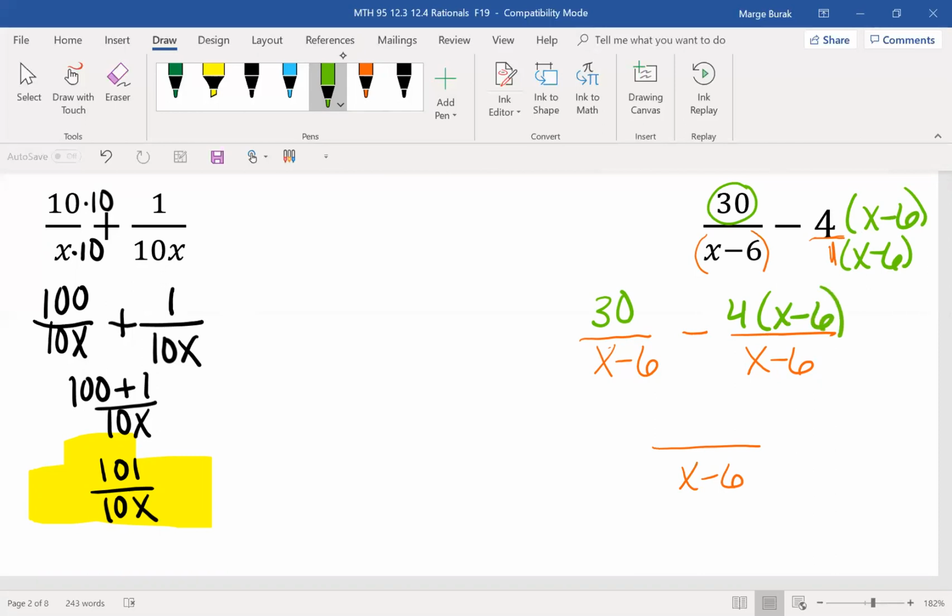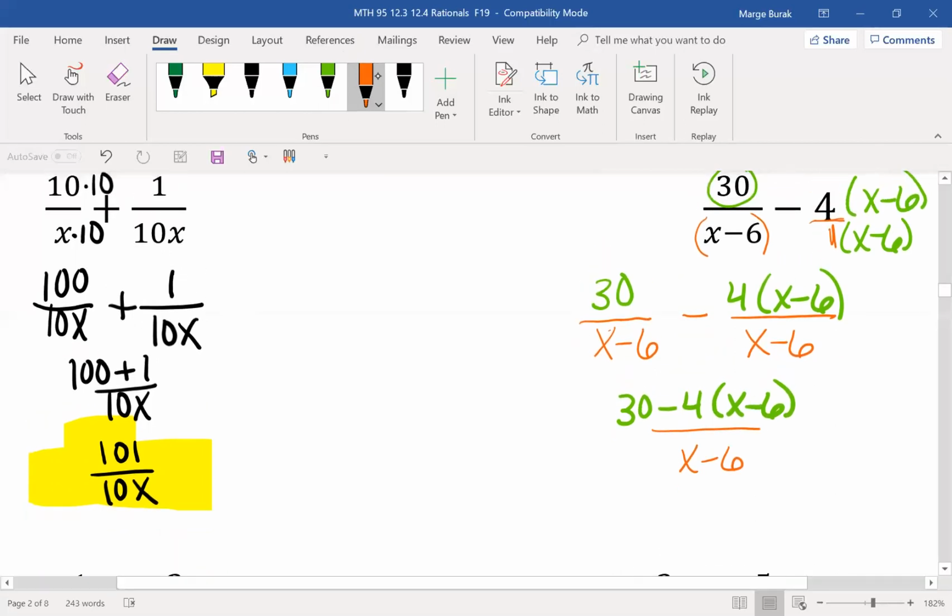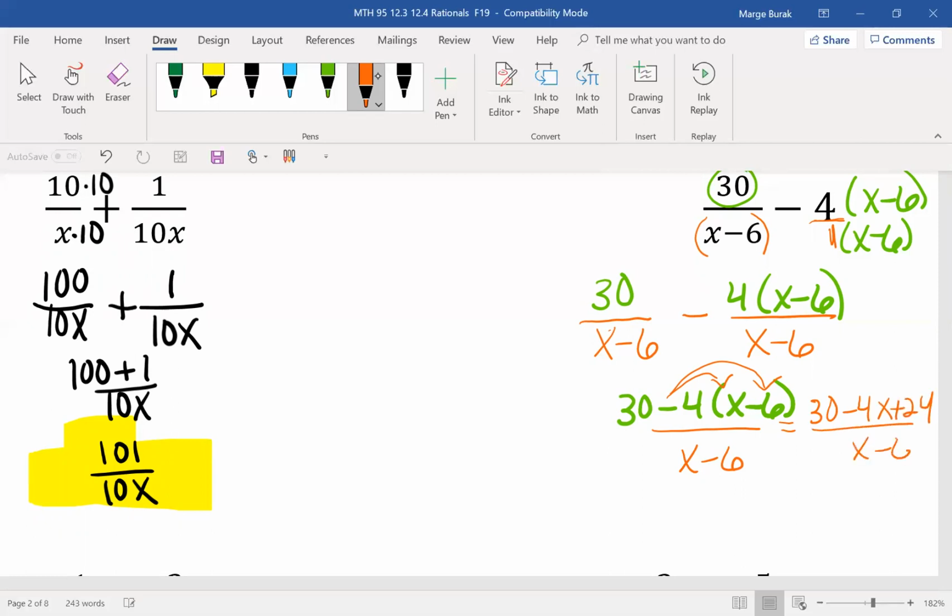Okay, so if you put it all in one, just be careful about skipping steps, because what can happen is you forget you need to distribute that negative to both of these when we simplify it. Okay, so this will become 30 minus 4 times x, and then negative 4 minus 6 is plus 24 all over x minus 6.